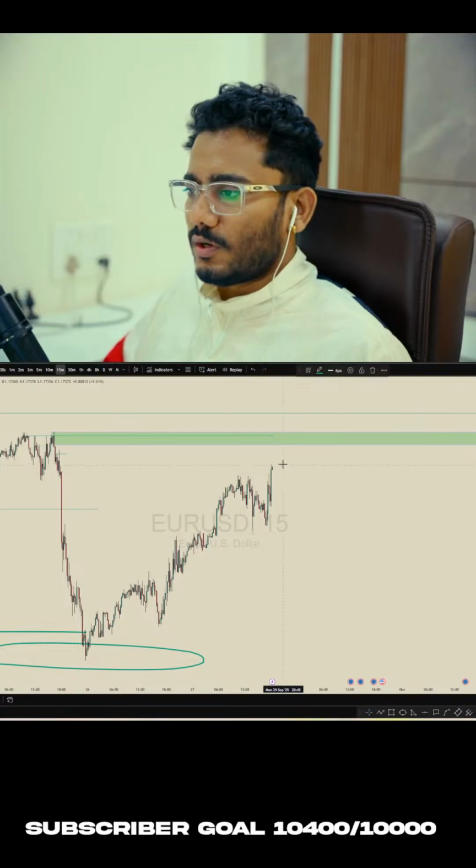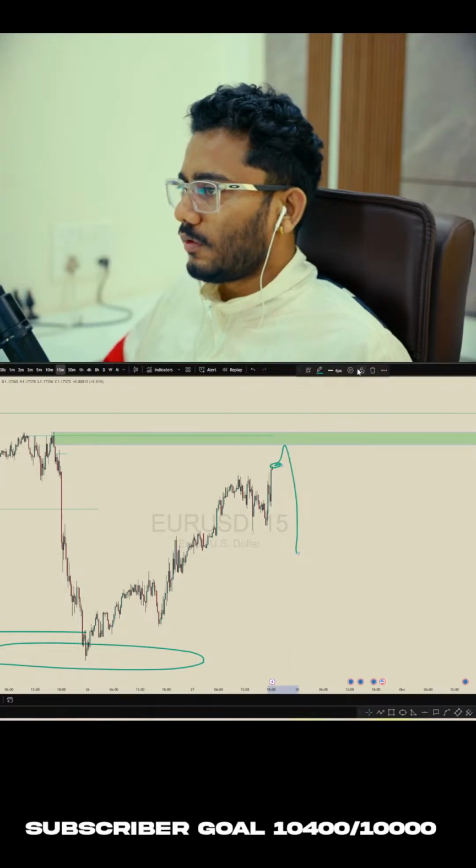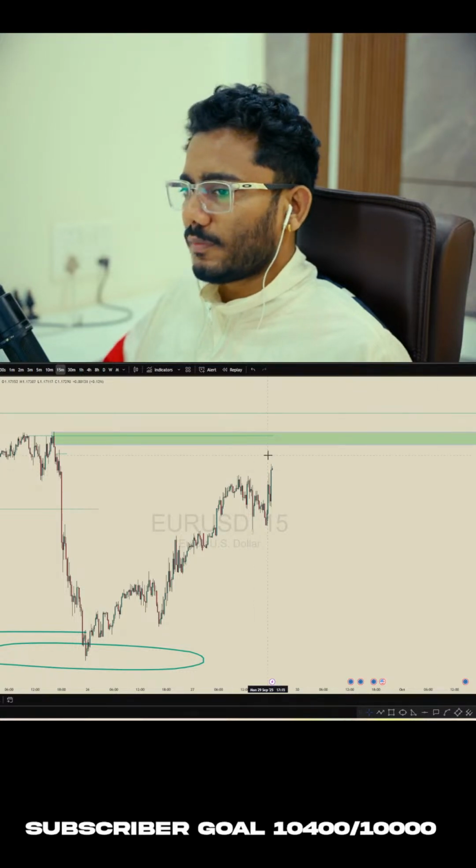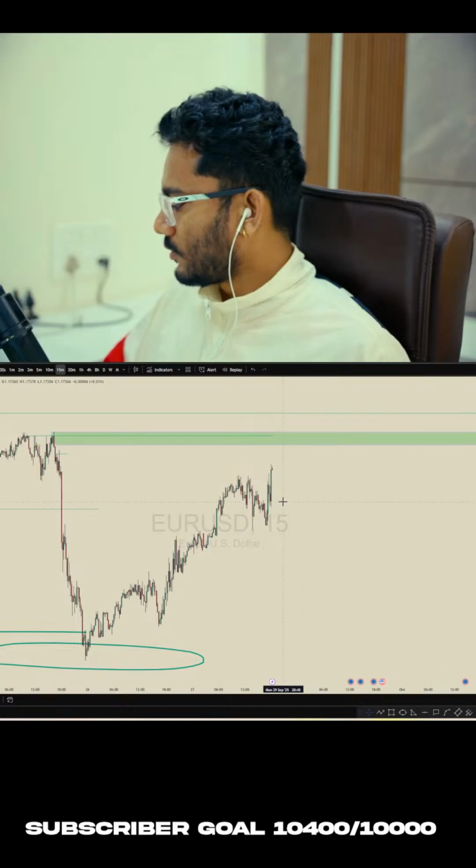Because if GU continues to the upside, then probably we will see reaction from here. Sorry, EU continues to the upside, then probably we'll see reaction from here.